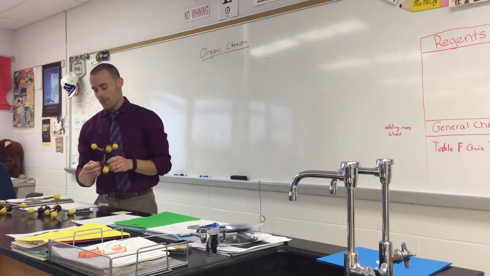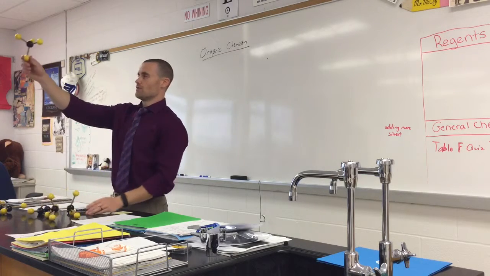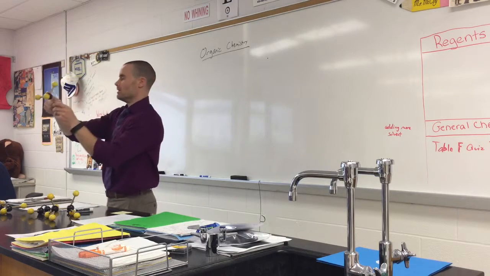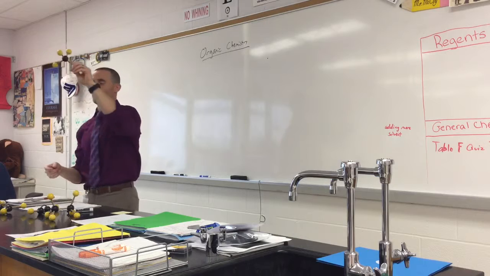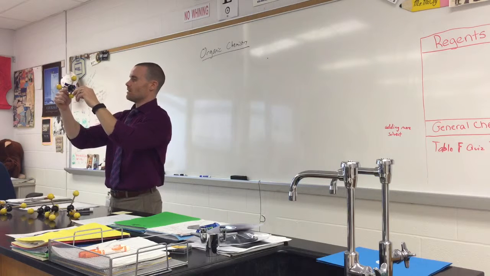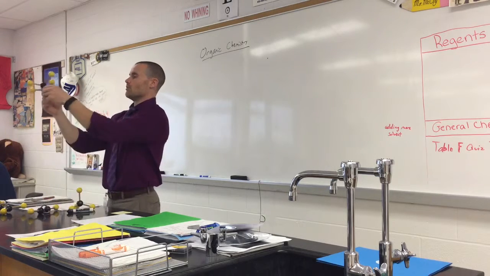P is prefixes for organic molecules. This one, for example, has one black one. What's the black one? Carbon. What would the prefix for this name be? Look at table P. One carbon. Meth. This has 2 carbons.